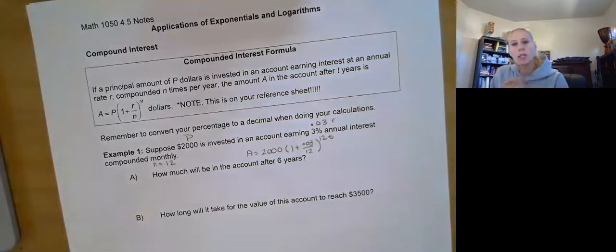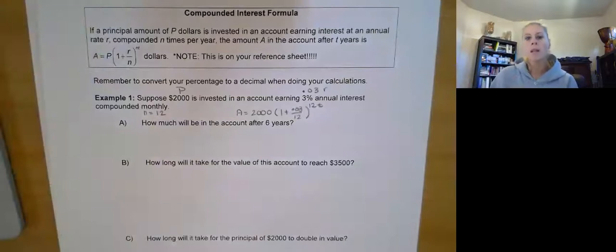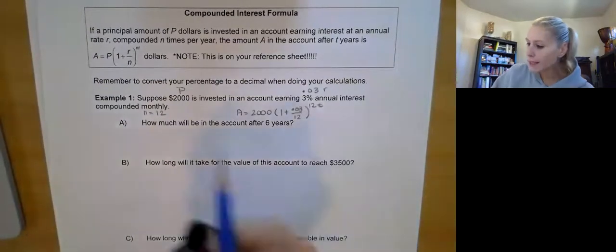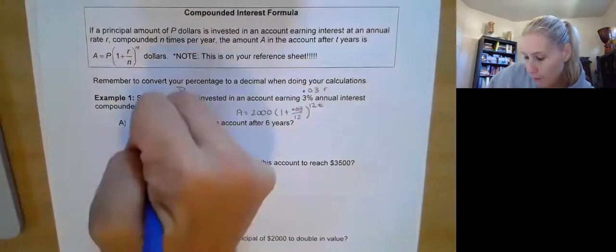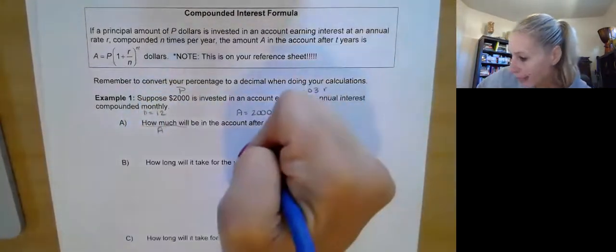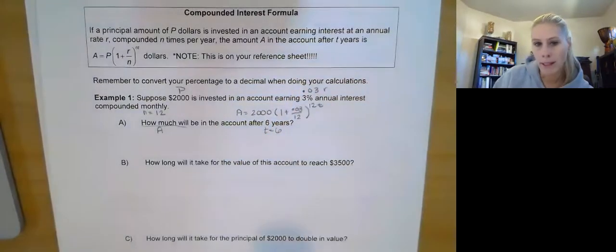This is the original formula according to the situation. Now I'm going to answer questions by plugging in. So this is how much will the amount be. So what are we solving for here? We're solving for A, knowing that T equals 6. So I'm going to write down what that means.